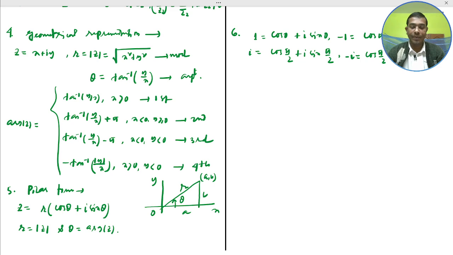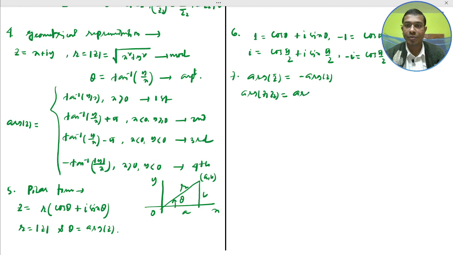Important results involving argument, the properties. Basically the argument of z bar is equal to minus argument of z. Argument of z1 z2 is equal to argument of z1 plus argument of z2 plus 2k pi, an even multiple of pi.